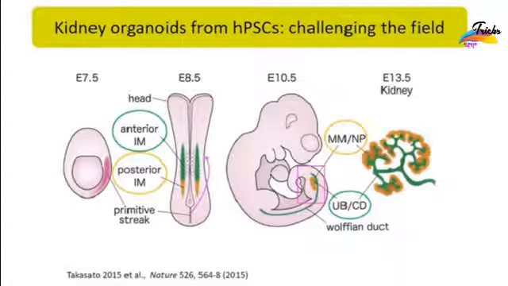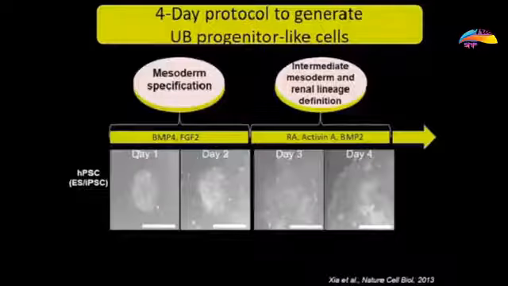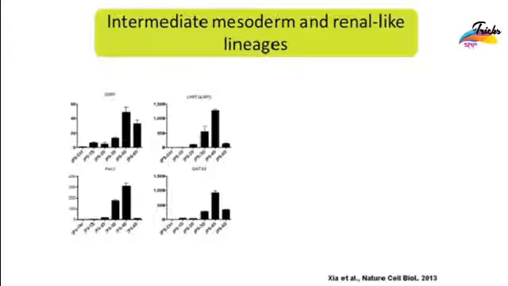By studying these steps in the petri dish, our objective some years ago was to try to derive for the first time cells that were characteristic in terms of gene expression, as we can see here by qPCR analysis, and also by immunofluorescence.